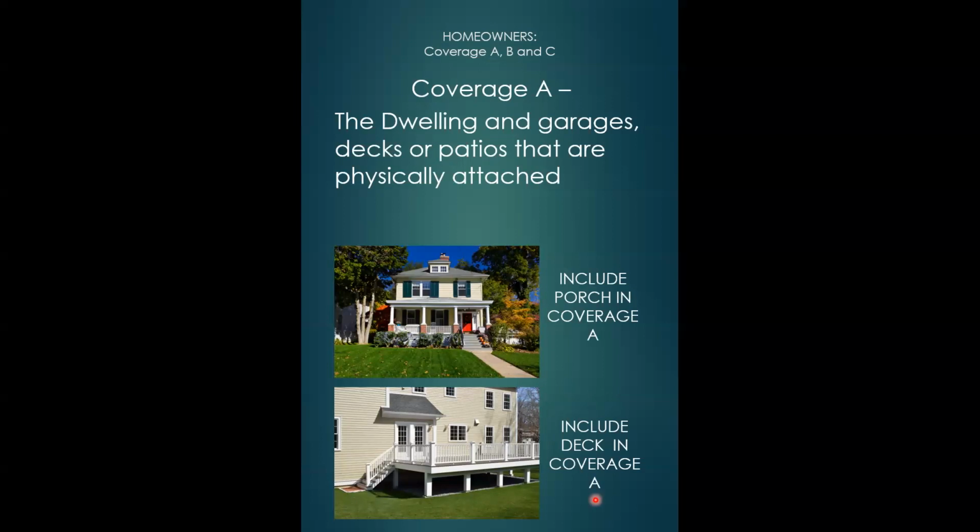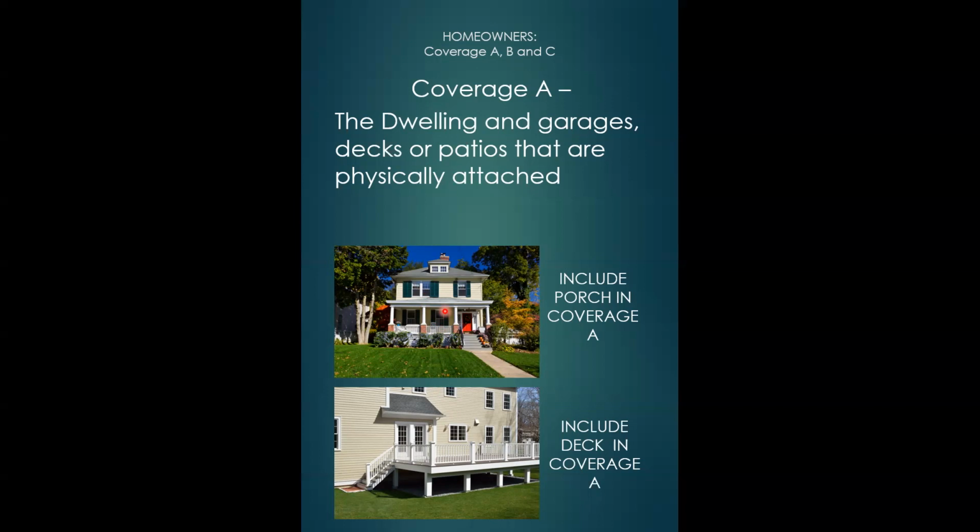Coverage A refers to the house that you live in, which we call the dwelling, the roof and four walls that form the home that you live in. And we include a porch like this one. If you look at that house, it's pretty much a cube, and that's coverage A, the dwelling. But also coverage A is this porch that extends from the house. Even though it's not living space, strictly speaking, or air conditioned, it's every bit as much coverage A as the kitchen and the bedroom.